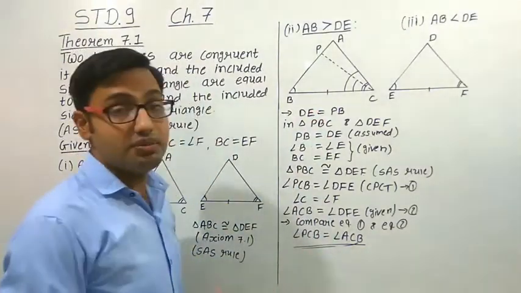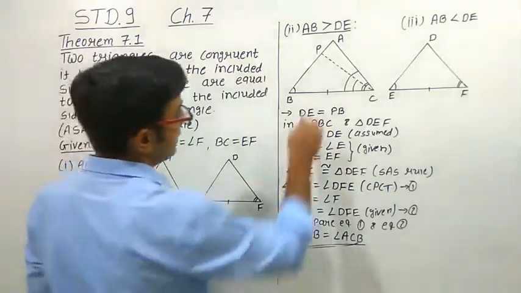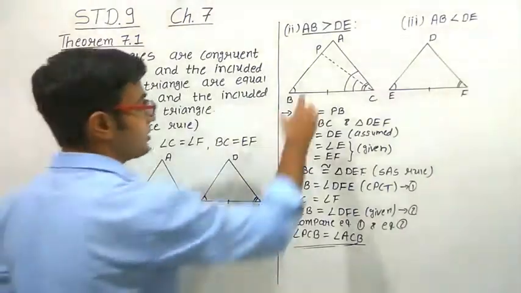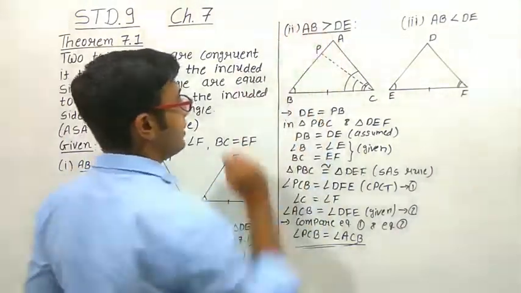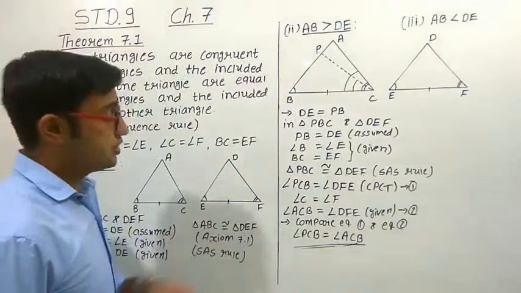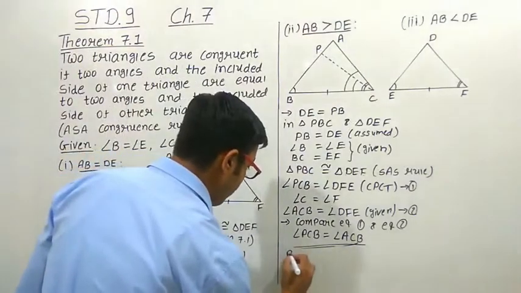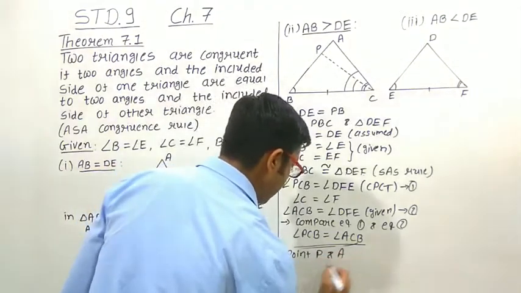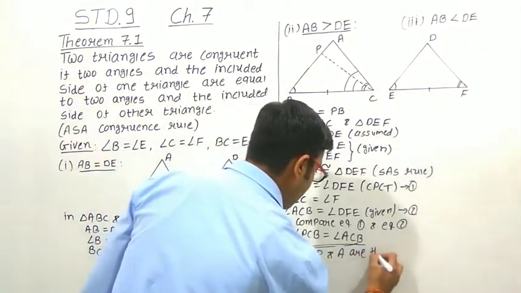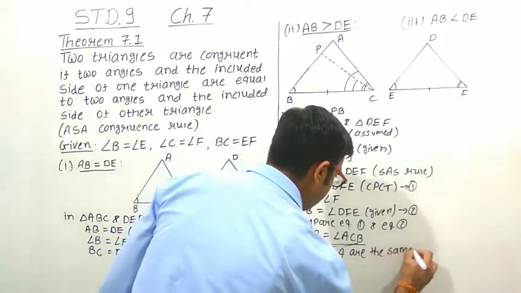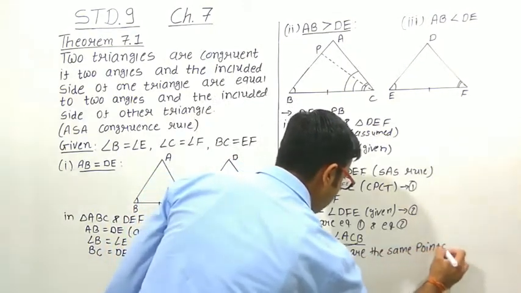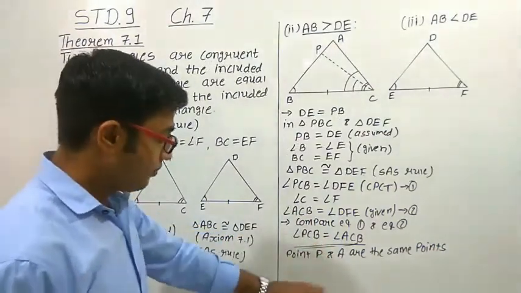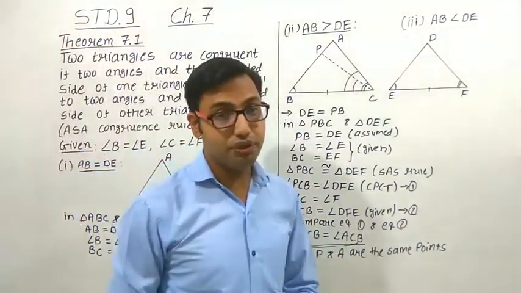And it is only possible when points P and A become equal, or we can say that PB and AB will become equal. So this is possible only when points P and A are the same point. Right? These things we have to accept here, that we have proved that both the angles are equal.